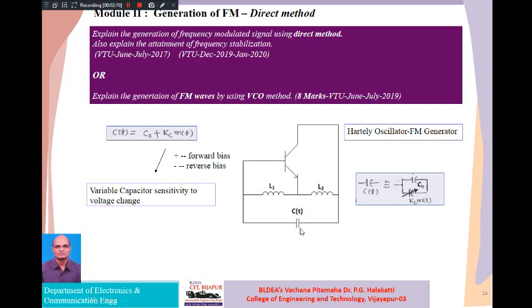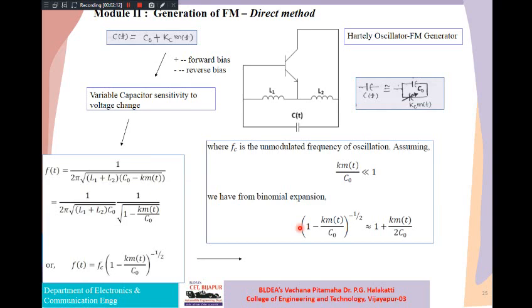The frequency expression we already discussed is 1 by 2 pi under square root of (L1 plus L2) times C. But because the capacitance is now replaced by the varactor diode, which operates in reverse bias, in place of plus we write minus. Whenever it is reverse bias it becomes minus, and when it is forward bias it becomes plus.